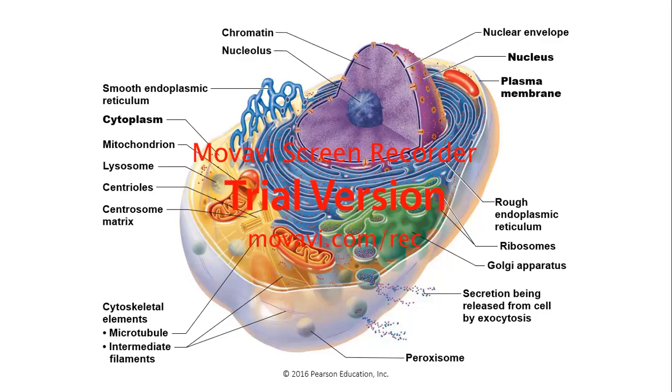These centrioles are what make those microtubules that attach to the chromosomes during mitosis, and it moves them around. Okay, so that's what those centrioles do. They're very important for mitosis.